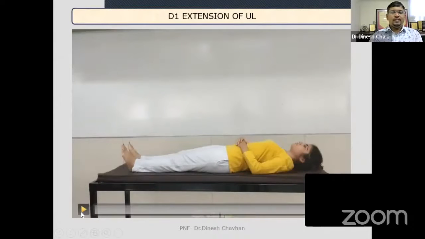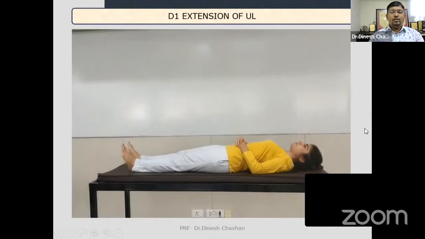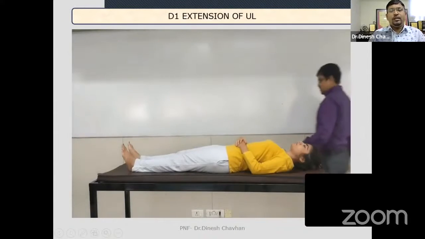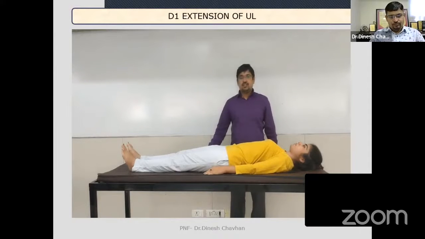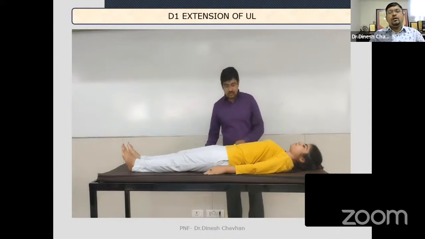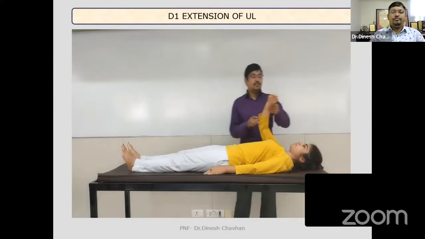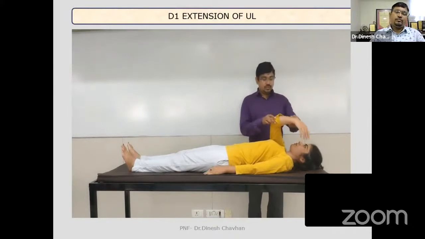Now we'll see D1 extension of the upper limb PNF pattern. Initial position, D1 flexion: flexion of the shoulder, adduction, external rotation.